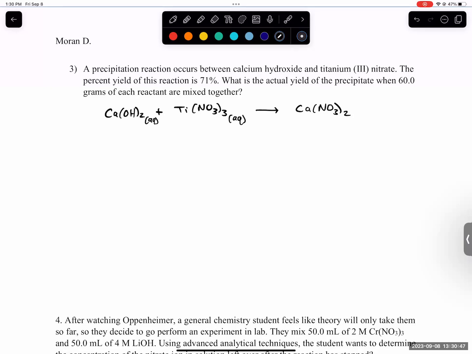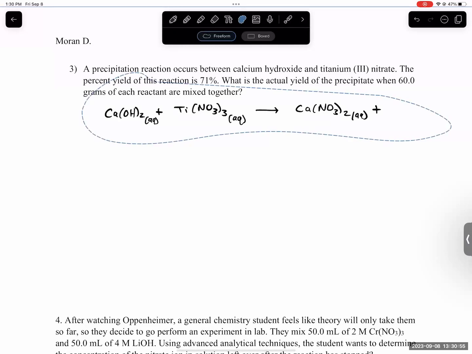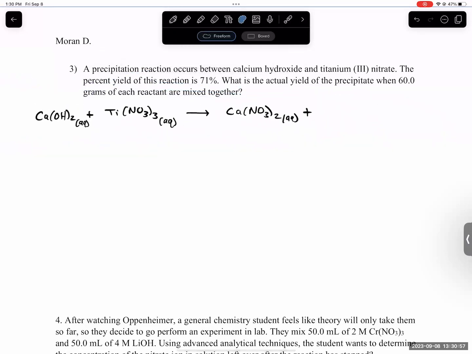Nitrates are always soluble, yeah. So this is definitely going to be aqueous because it's a nitrate. And titanium nitrate, hydroxide's not. And it's titanium(III) hydroxide, right, if we were to speak about it in a sentence.